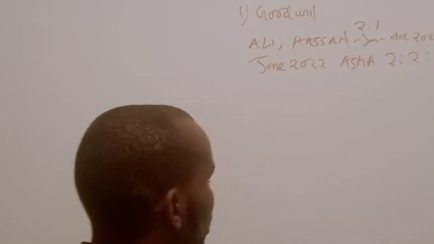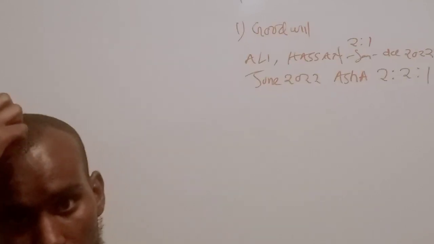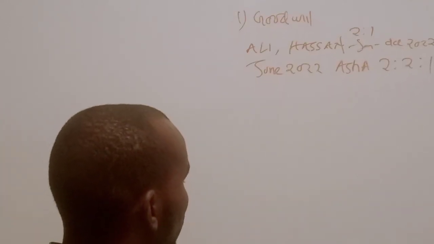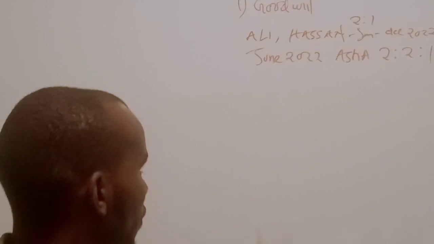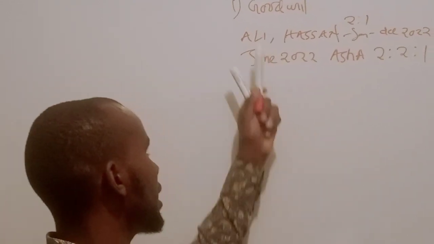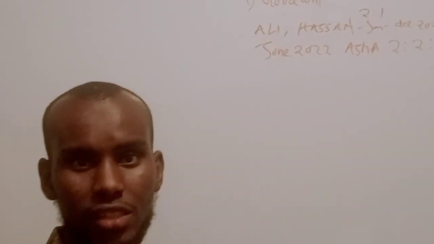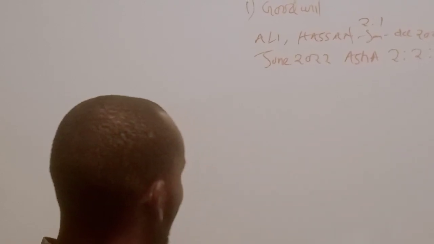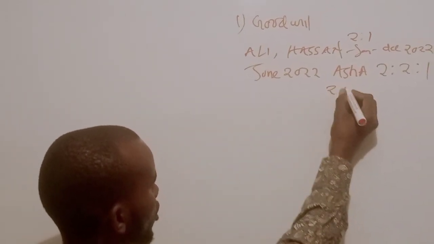Now, whenever we are accounting for partners' current account and partners' capital account, the new partner will pay goodwill. For this case, Aisha will pay a goodwill, and whenever she pays a goodwill, that goodwill will be shared by these 2 partners in the previous sharing ratio.